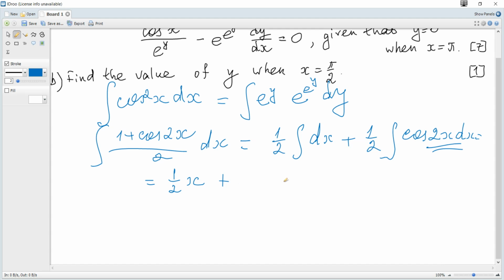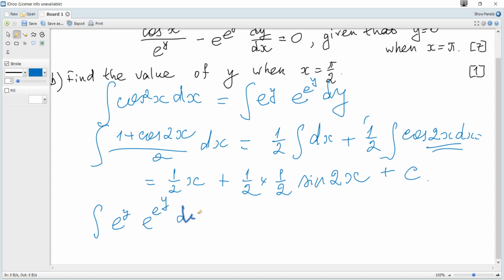So it's just this half and 1 over 2, because 1 over a, and sine of 2x, and plus constant.